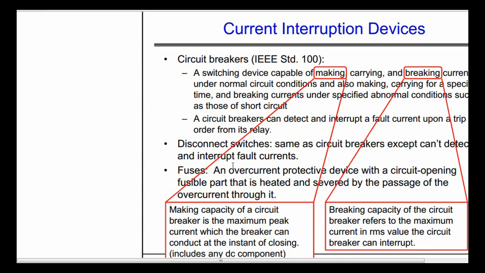The making capacity of the circuit breaker is the maximum peak current the breaker can conduct at the instant of closing, including the DC component. The breaking capacity refers to the maximum current in RMS value. So this is in peak value and this is in RMS value.